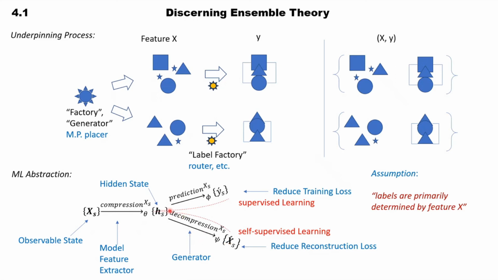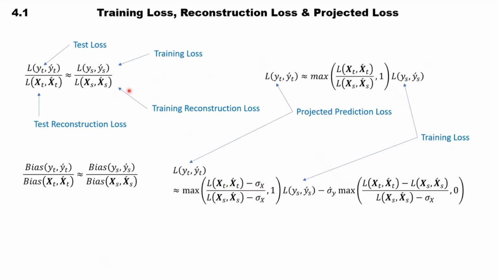Now, if there is information loss during reconstruction from the hidden state to the reconstructed input, there is also similar information loss from the hidden state to the predicted label. So naturally, we can assume the ratio of training loss over reconstruction loss is close to a constant value.